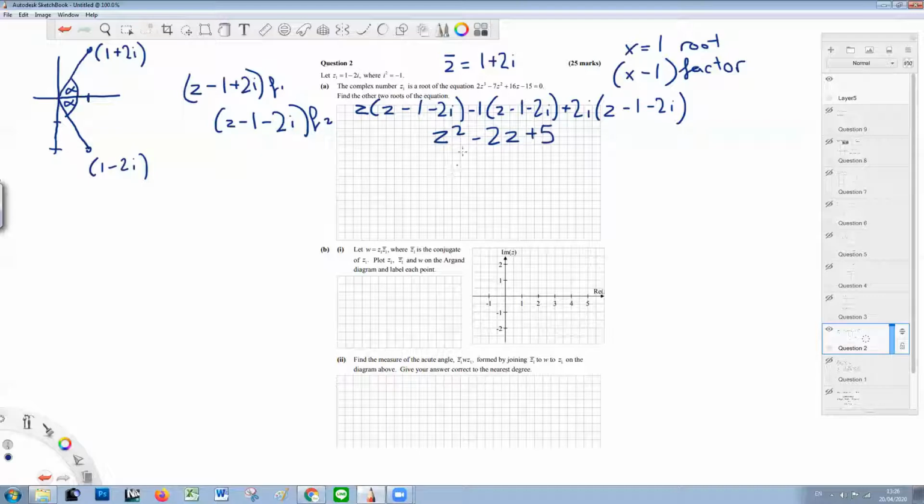So that's basically what you get if you work all this out. Remember, anywhere you have i squared is going to get replaced with a minus 1. That's important to know. So this is the quadratic of these two factors. And now I need to divide this by this in order to get the final root. So it's going to be z squared minus 2z plus 5. And they should sub in pretty easily.